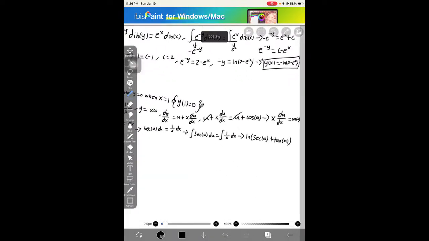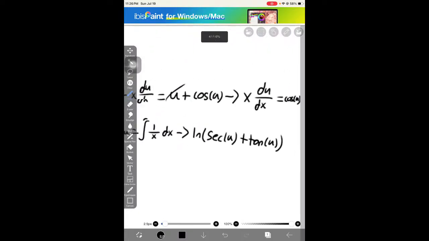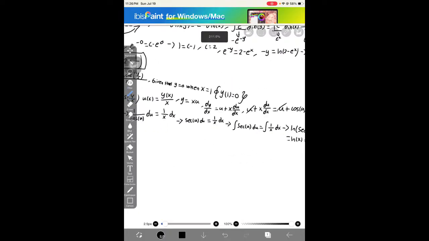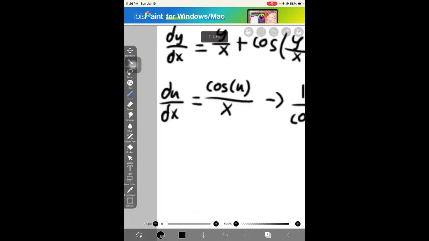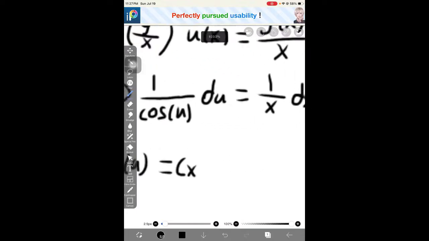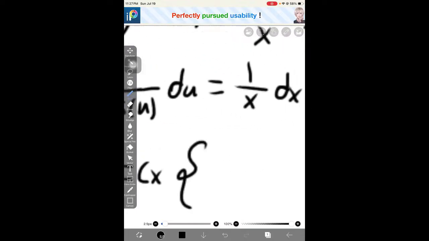Why does it take up space so much? It's annoying. Equals the natural log of x plus c. So if we were to exponentiate both sides, we're just going to have this. Pretty simple, right?